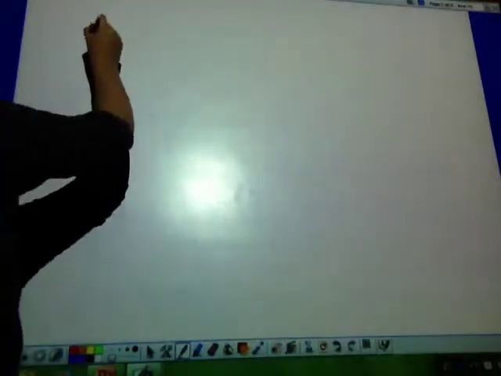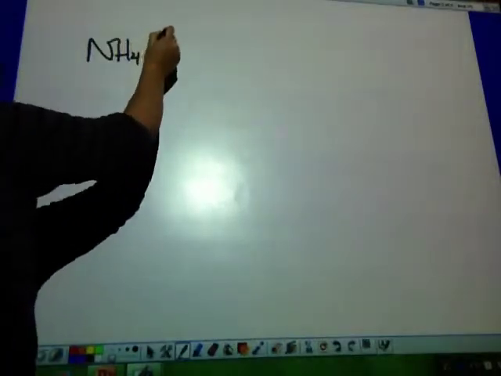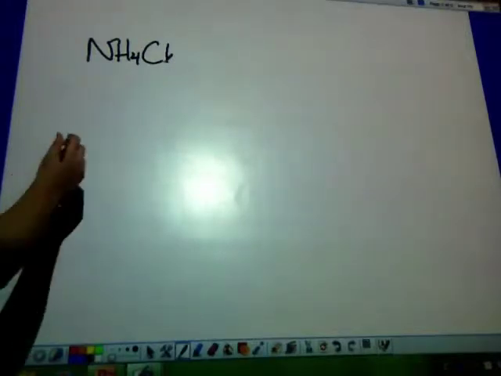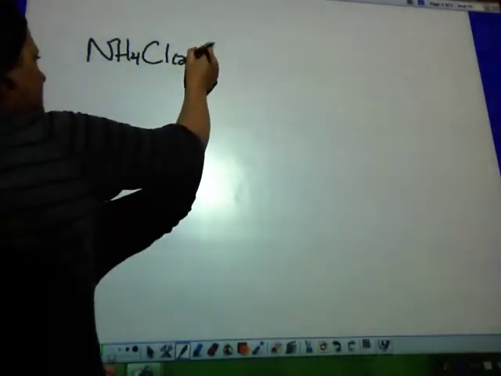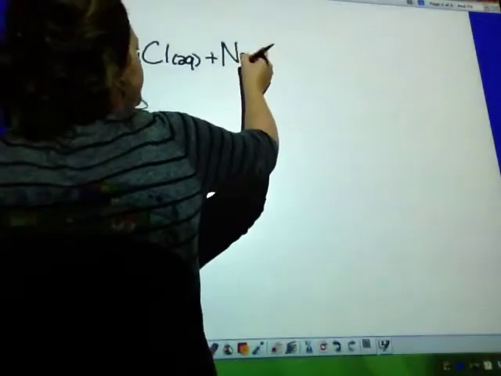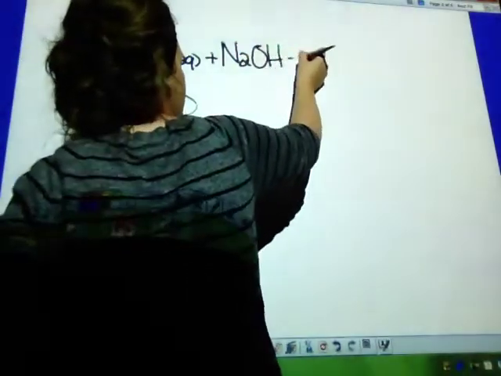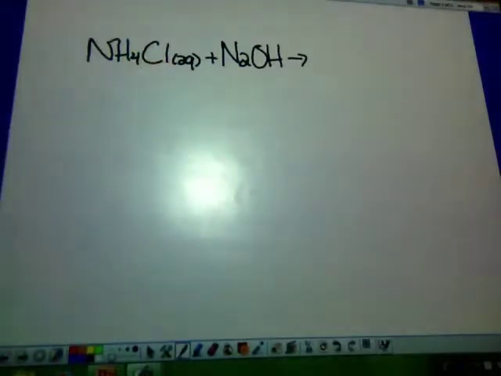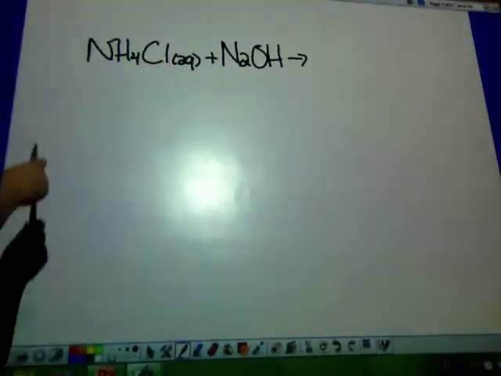Okay, let's do an example, just so we can see what one would look like here. Let's say, for example, we had ammonium chloride, NH4Cl, and we're going to react that with sodium hydroxide. Well, this is an ammonium salt because it's an ionic compound, and it has ammonium in it.